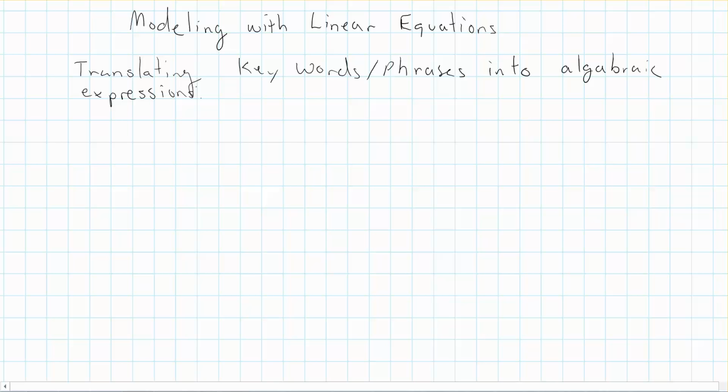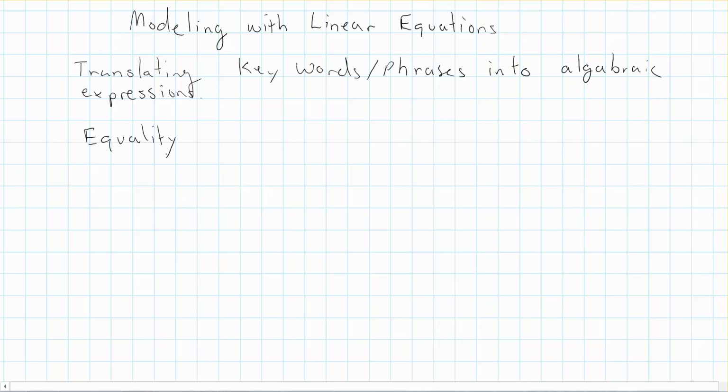There are five main things we're going to look for: equality, addition, subtraction, multiplication, and division. There are other things we could look at as well, but those are the first key ones we'll start looking at in this video. So, equality.